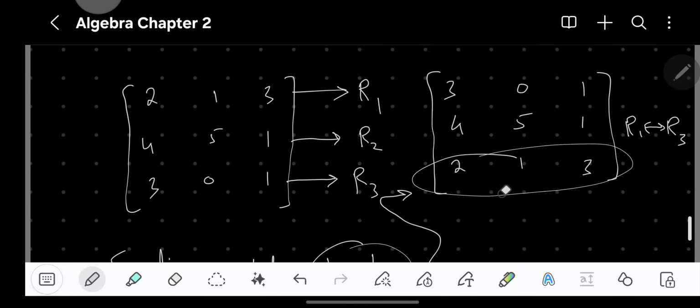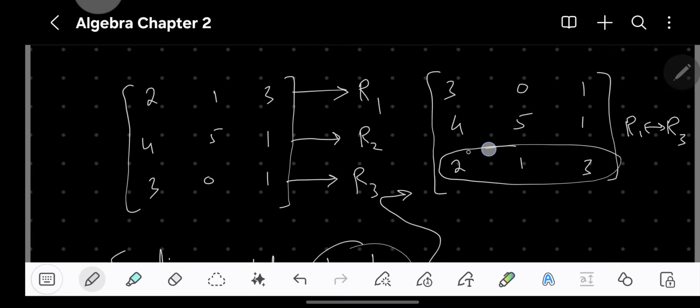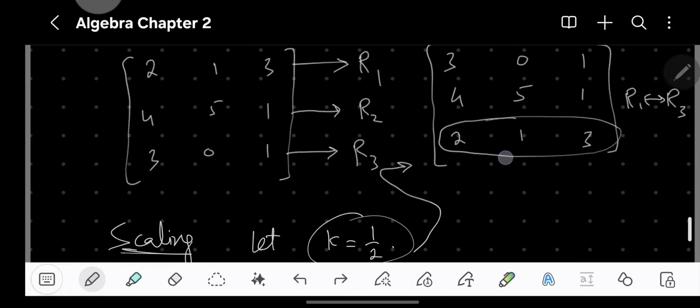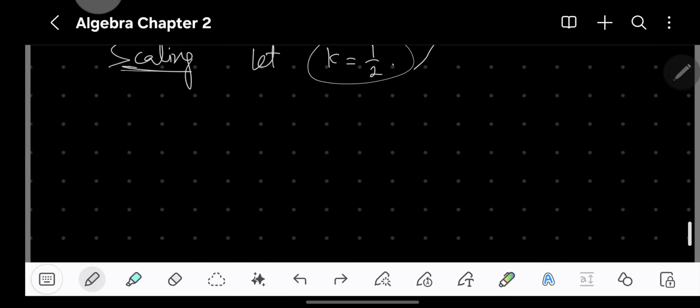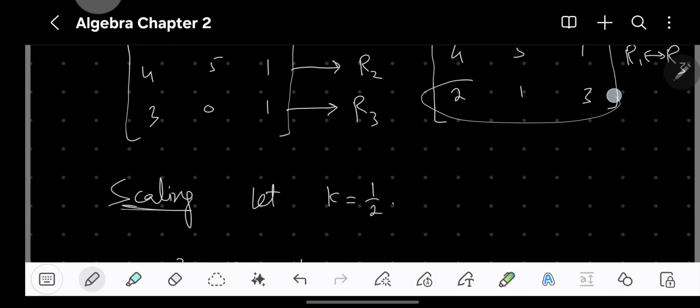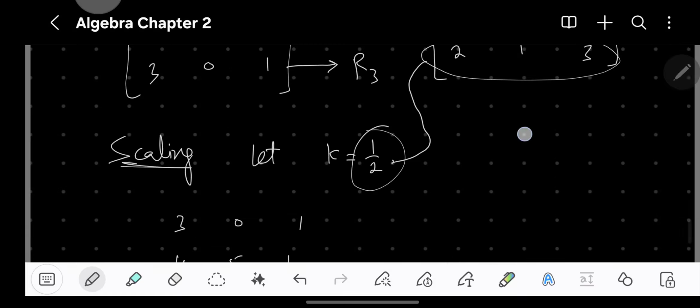When I rescale the last row, my first two rows will be the same: 3, 0, 1 and 4, 5, 1. And I have to rescale R3, so I multiply R3 by 1 by 2.